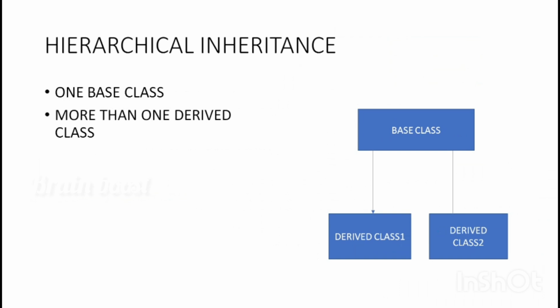Next is hierarchical inheritance. Here one base class and more than one derived class is called hierarchical inheritance. The one base class and then two derived classes, derived class 1 and derived class 2. The two derived classes inherit properties from one base class.